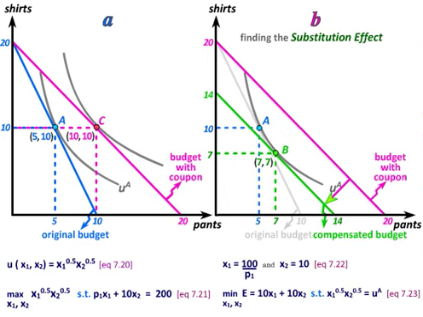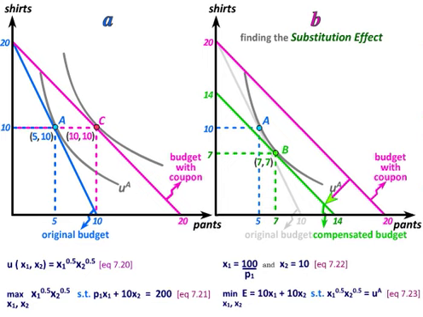When we solve this problem, we get that x1 is equal to 100 divided by P1 and x2 is equal to 10. So our shirt consumption remains at 10 regardless of what the price of pants is. But our pants consumption changes with the price of pants.